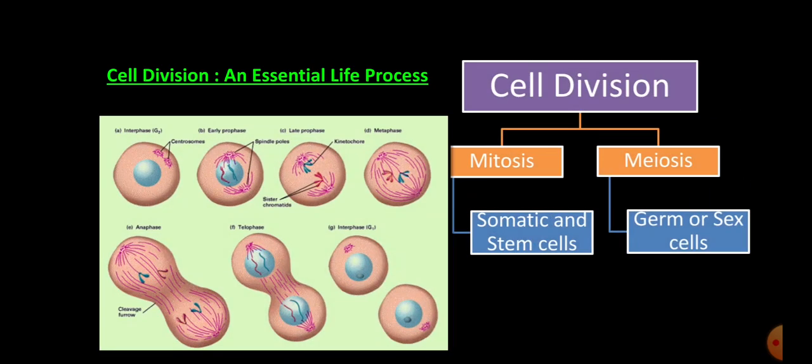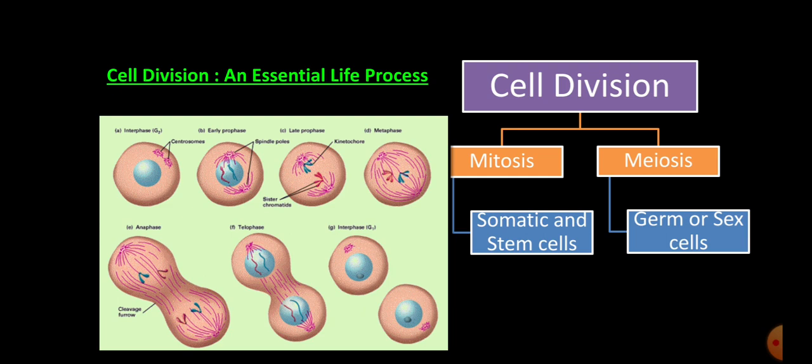Due to this property of the cell that it can divide and form new cells, new organisms are formed from the existing ones, and from a single cell, multicellular organisms grow up and huge organisms are made.